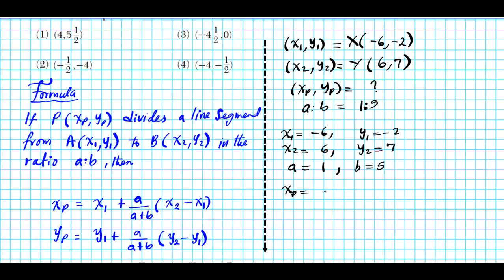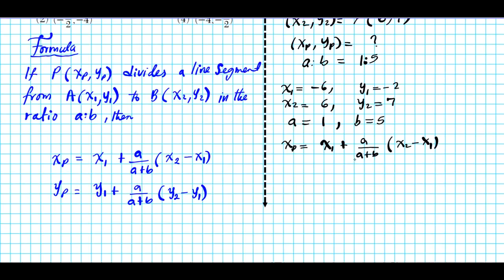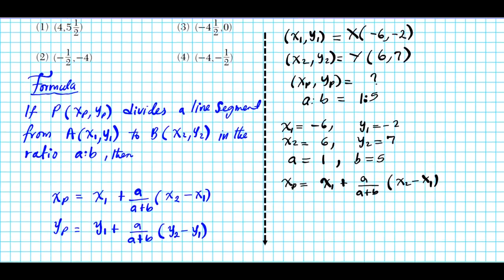The x-coordinate is going to be, let's rewrite the formula, x1 plus A over A plus B, basically the fraction of the entire length. The entire length is your run, x2 minus x1. Okay, so this piece right here gives you the distance from the original point, and when we add it to the x-coordinate of the first point, what is the first point? Point x.